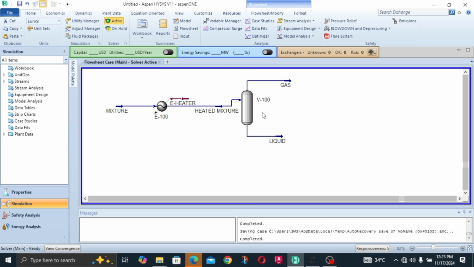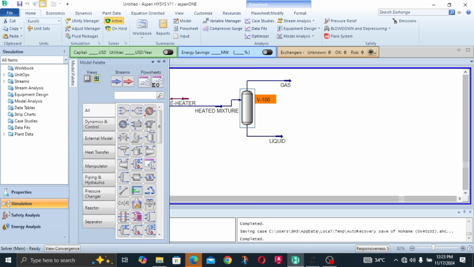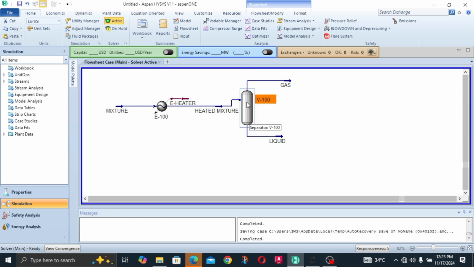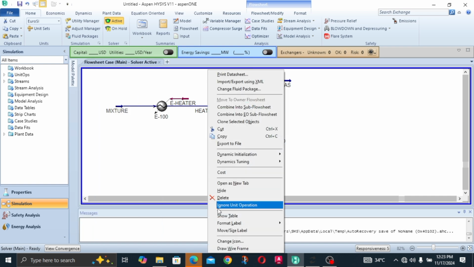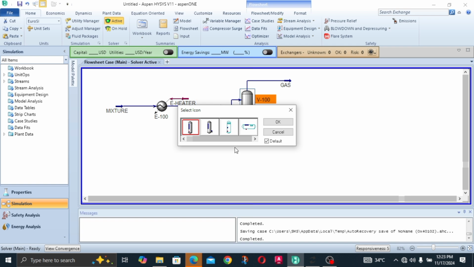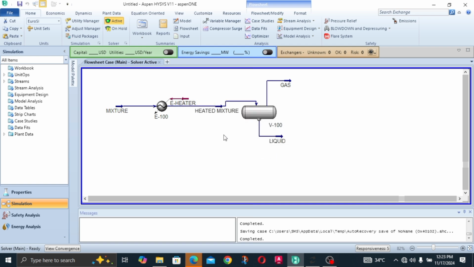In our model palette, the separator we have here is a vertical two-phase separator, but to change it to a horizontal one, all we have to do is right-click on this, go down to change icon, and then you can see the series of separators there. You just move the cursor back and forth, and this is the vertical separator, the horizontal two-phase separator rather. Click on this, okay, and it turns it to a two-phase horizontal separator.